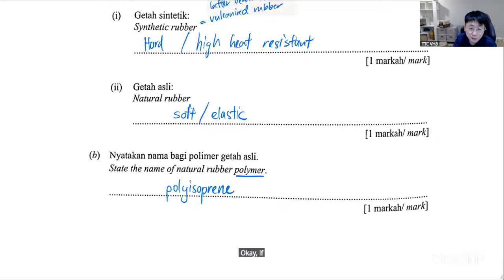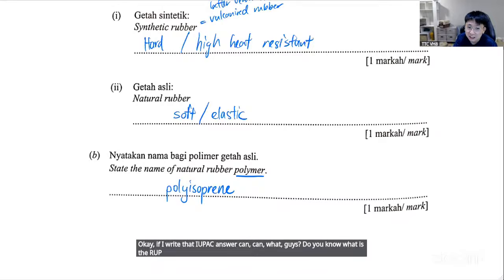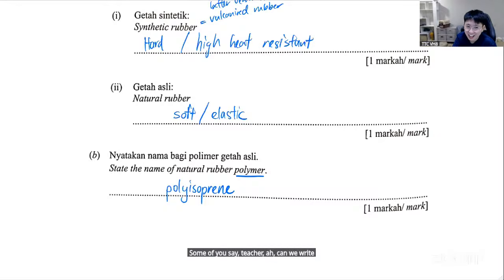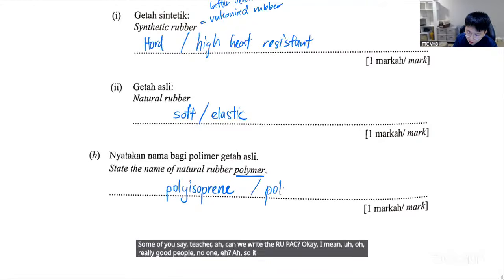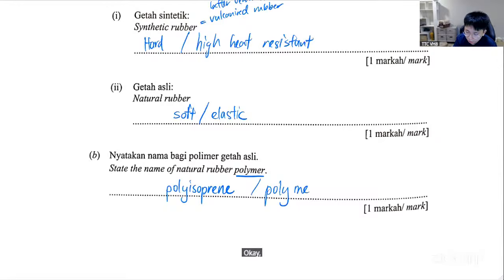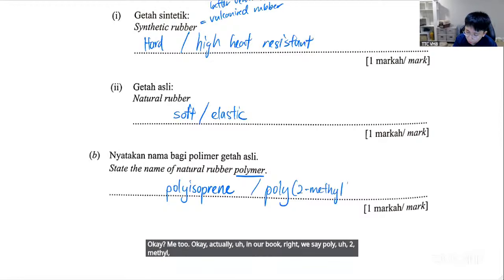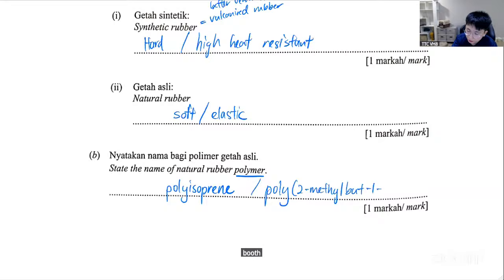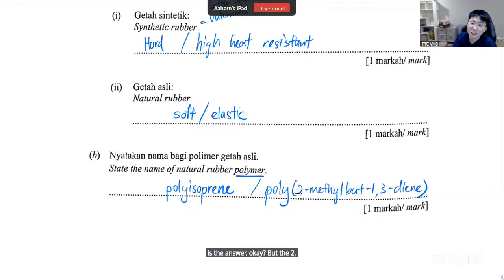If I write the IUPAC answer, can? Do you know what the IUPAC answer is? Some of you ask, teacher, can we write the IUPAC? Can. In our book, we say poly-2-methylbuta-1,3-diene. This is the answer, but the 2 is basically not very important.